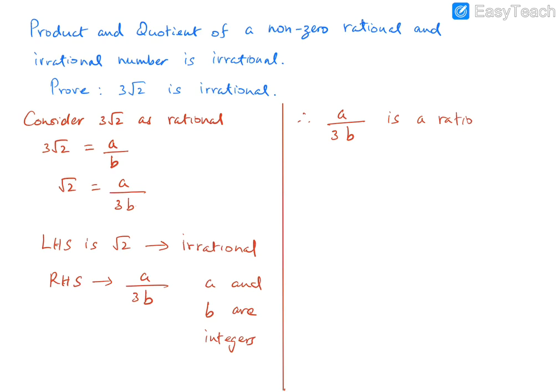A is an integer, b is an integer, 3 is also an integer. So that means a divided by 3b is a ratio of integers.